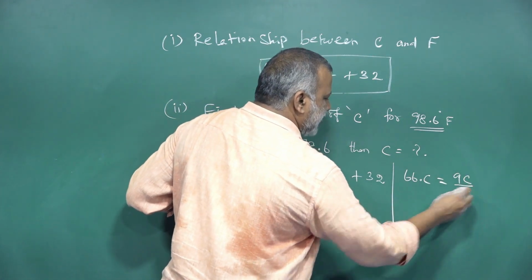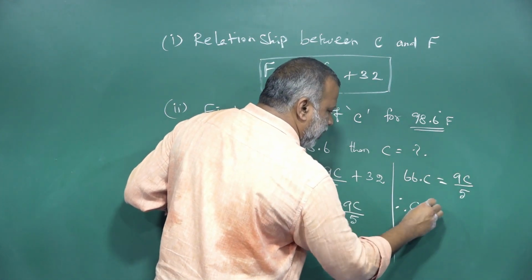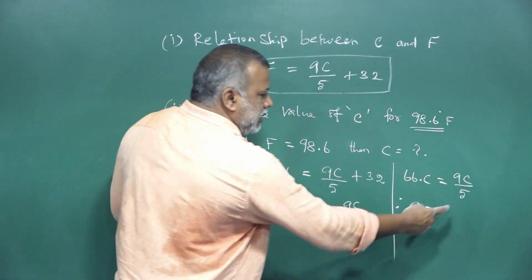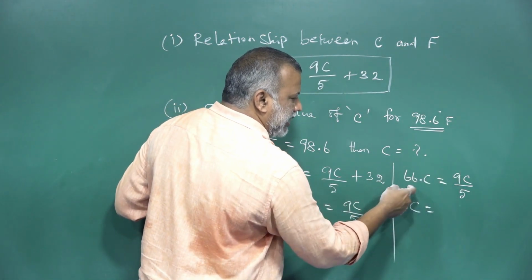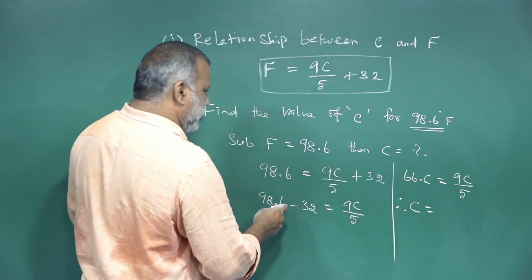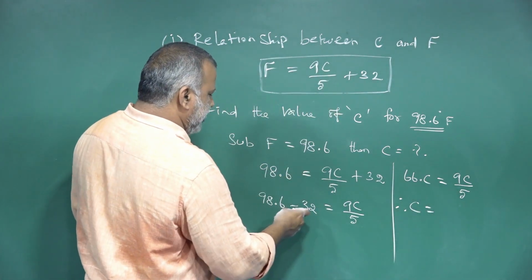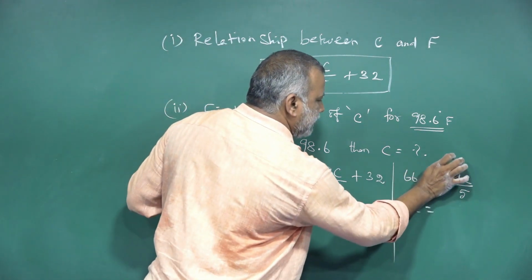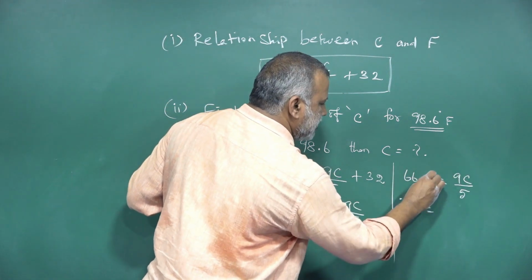9C divided by 5. Therefore, we need to find the value of C. Then what will happen? 5 is cross multiplying, then 9 will be division. Therefore, here we are able to get 66.6. Not C, 66.6.